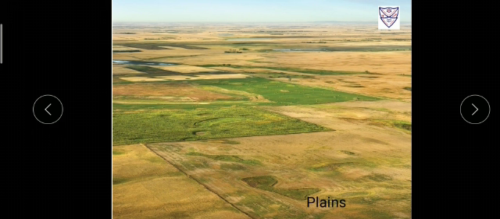Most of the plains are formed by rivers and their tributaries. Suppose the water dries up, then land is formed. If the soil is fertile there, grasses can grow as well. In India, the Indo-Gangetic plains are the most densely populated region of the country.